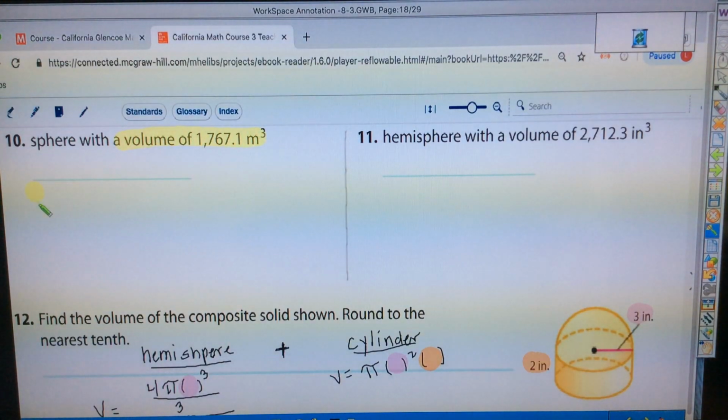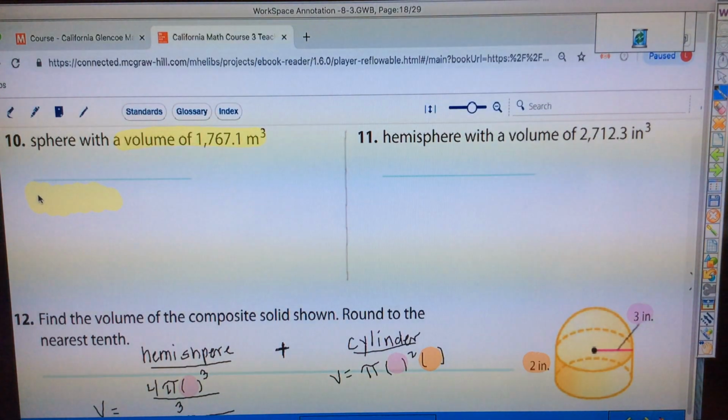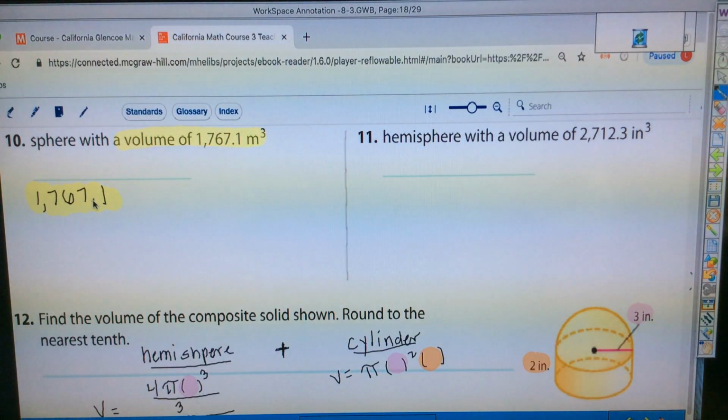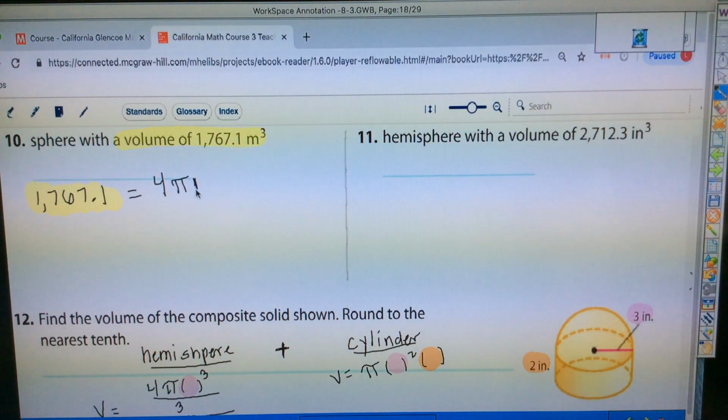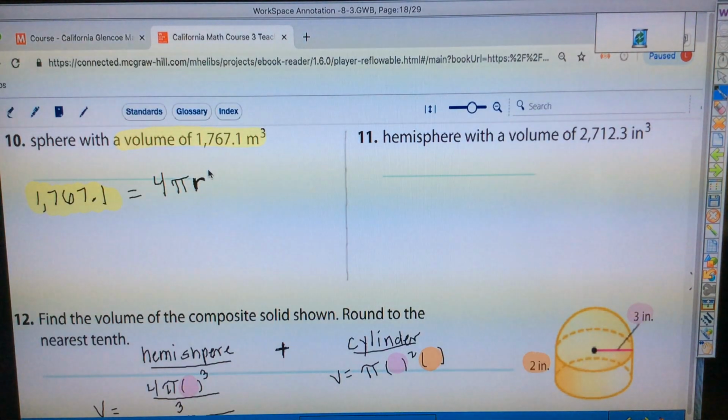So I'm going to plug that in for V: 1,767.1 is equal to 4 pi. I'm going to really bold the R. That's what I'm trying to solve for.